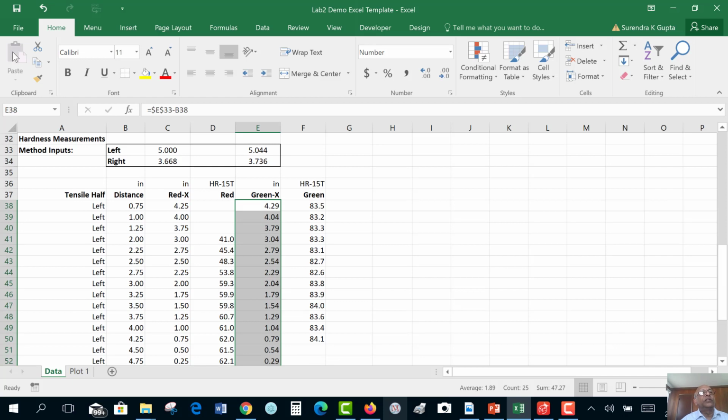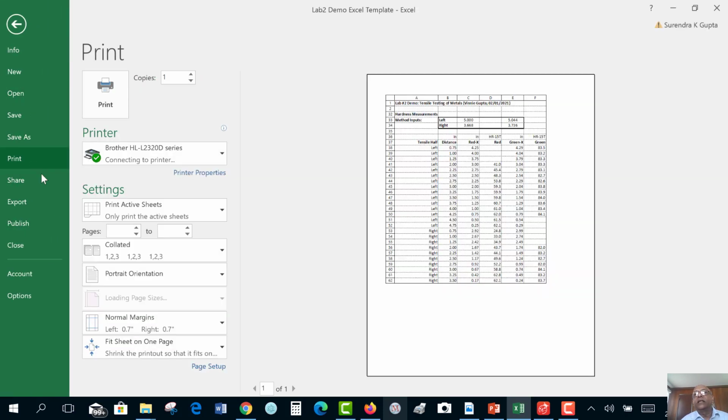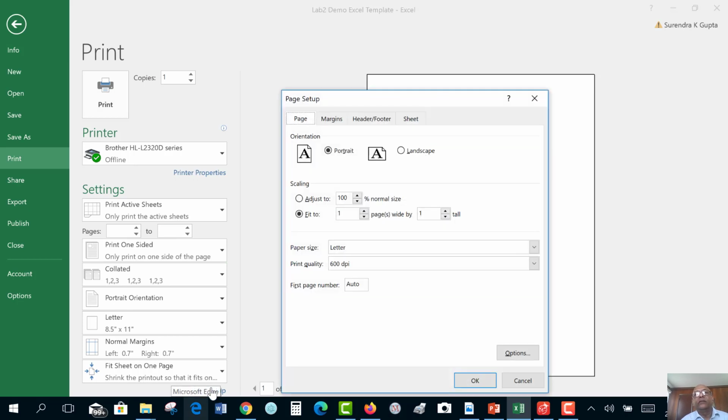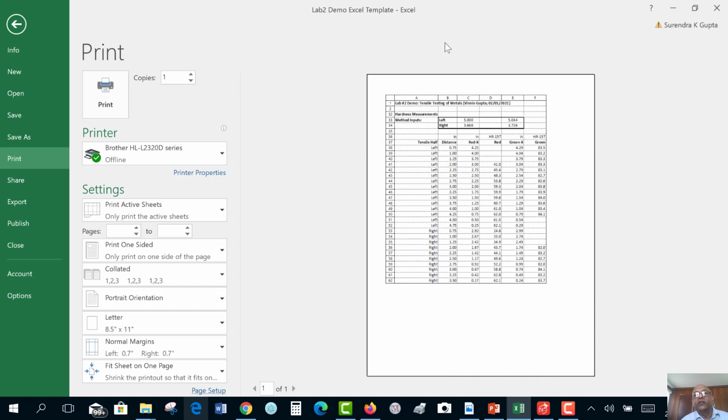Okay, folks, let's check, make sure we have our print setup. So we have portrait 100%, we have grid lines, row column headings. Everything seems to fit in nicely on a page. Oh, we hid rows here.